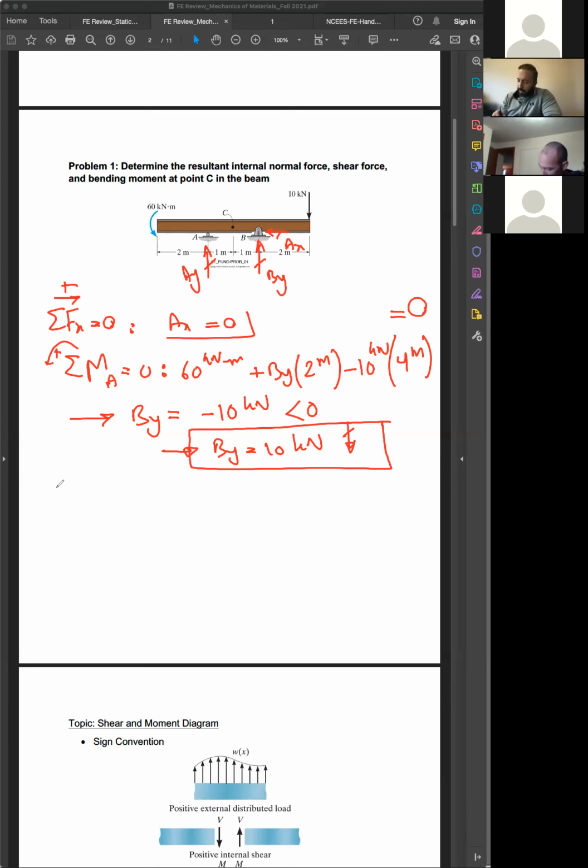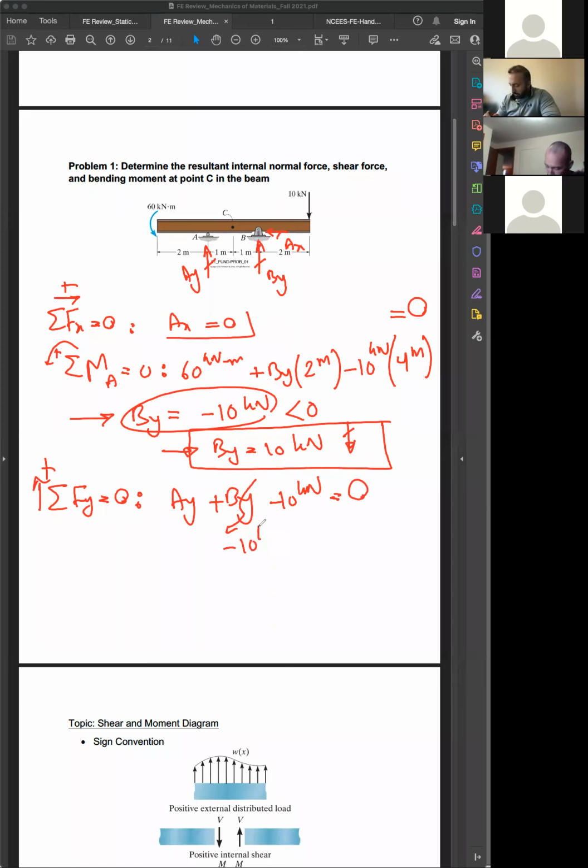Then we write summation of forces in y direction equal to 0, this direction positive. From this we have Ay plus By minus 10 kilonewton equal to 0. By you have found to be negative 10. From this, your Ay has to be equal to 20 kilonewtons. It is more than 0, so the assumption is correct.